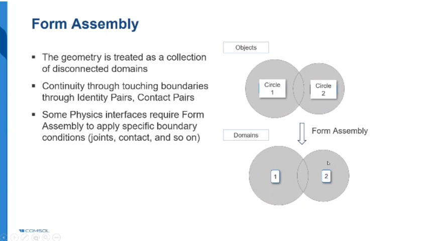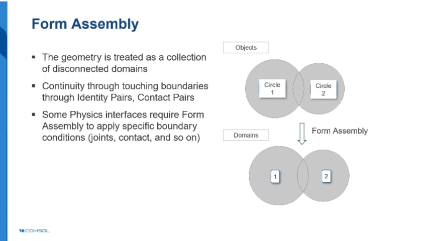It will just consider these as two overlapping objects that are not touching each other at all. You can visualize it as one circle kept at the z equal to 0 plane, and the other circle drawn at the z equal to 1 plane. Such objects are not connected to each other at all.